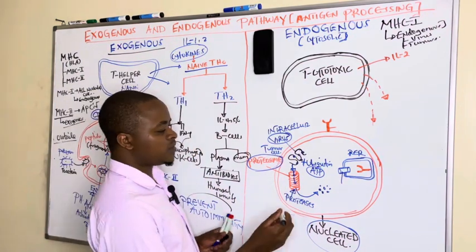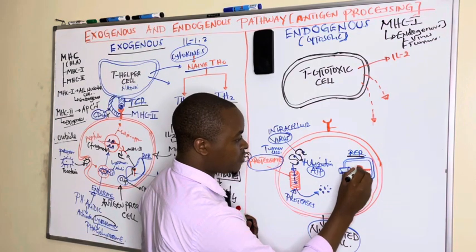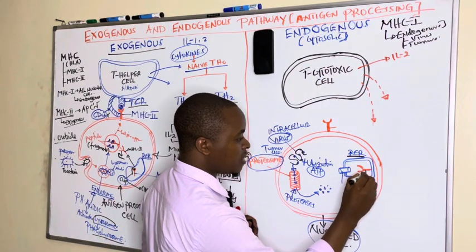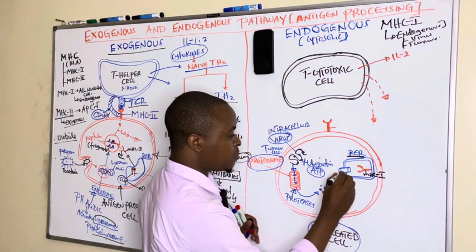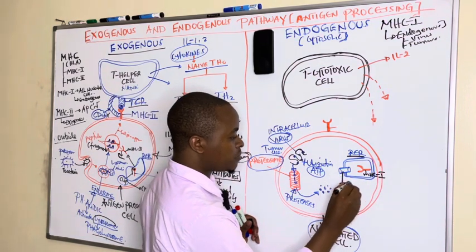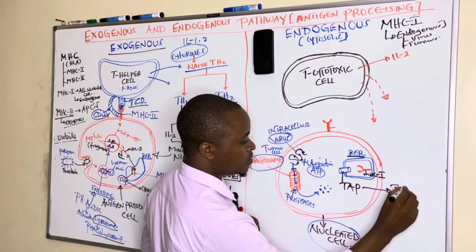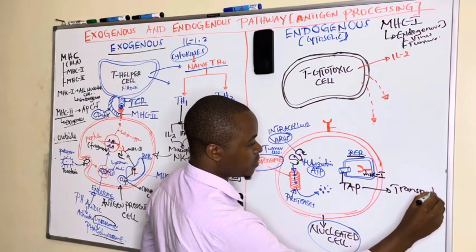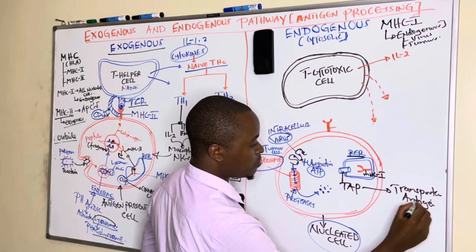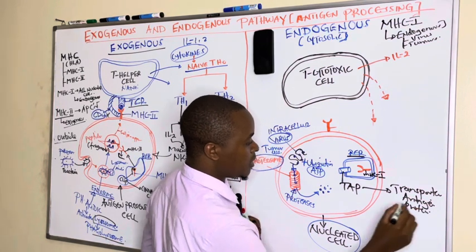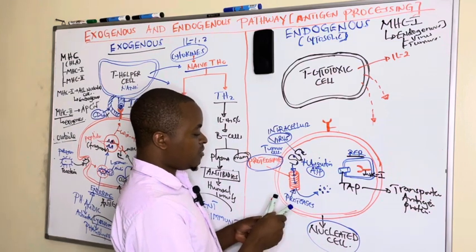On the rough endoplasmic reticulum, after manufacturing major histocompatibility class type 1, there is a transporter called TAP, which stands for transporter antigen protein. This TAP enables entry of these fragments.